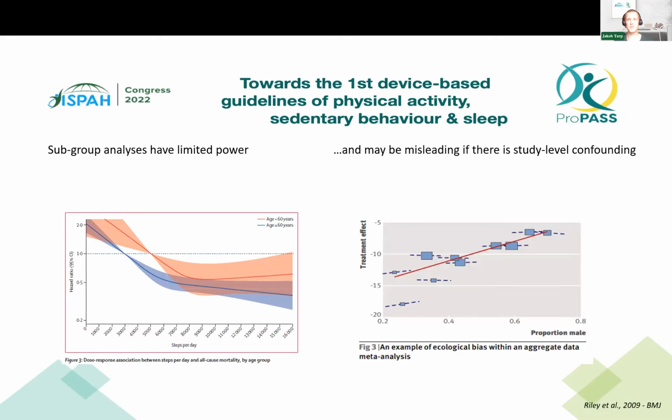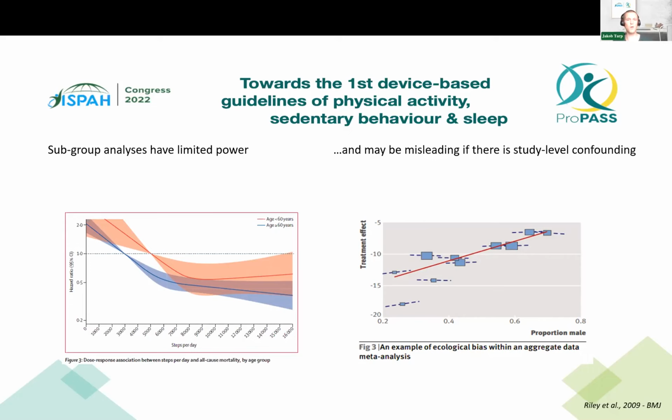There are some examples in the literature where meta-analysis of summary-level data can lead to what is called ecological bias, a type of confounding. This is a meta-analysis of hypertension treatment, where the blue boxes represent the individual studies, and we can see that the lines in each individual study are really horizontal, which here suggests that there are no real gender differences in the treatment effect.